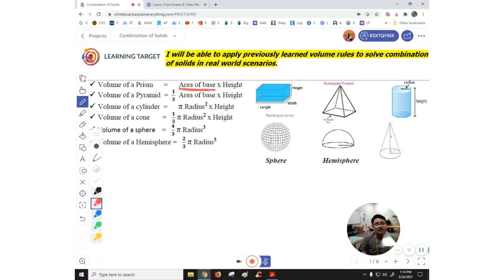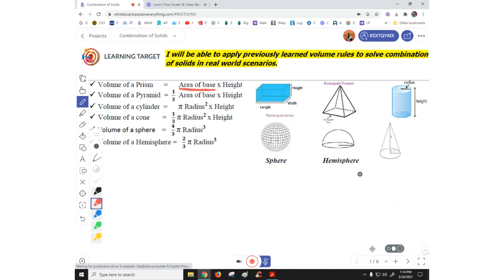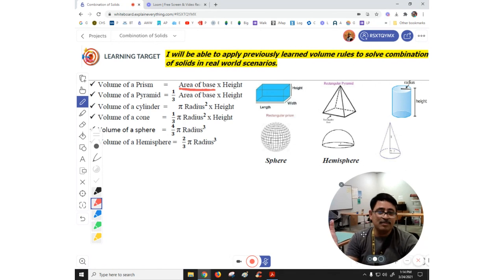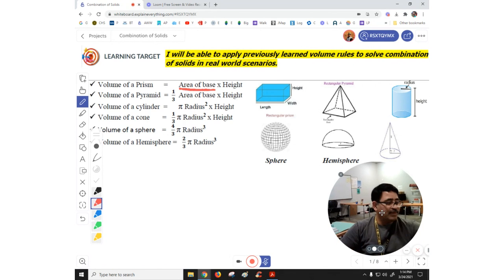Here the base is a square, and the top has a pointed tip. This is the pyramid. Again I'm repeating, the difference between prism and pyramid is, if you take a prism, whatever the base shape is, the top is also the same shape. And the pyramid has the pointed tip at the top.